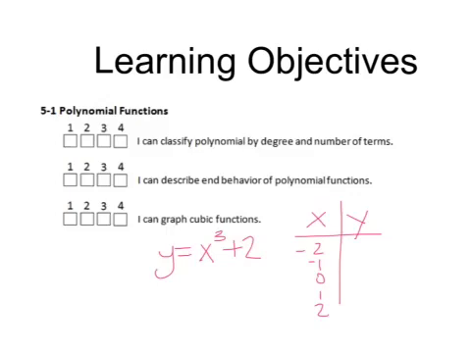And all you would do is you would take that -2, you'd plug it in for the x, you would cube it, and then you'd add 2 to get your y. So -2 cubed is -8, and then -8 plus 2 would be -6. And then you would go and you would plot that point. And you would continue on until you have 5 points, and then you would graph it. So we're not going to really look so much at that either, since it's just making an XY table.